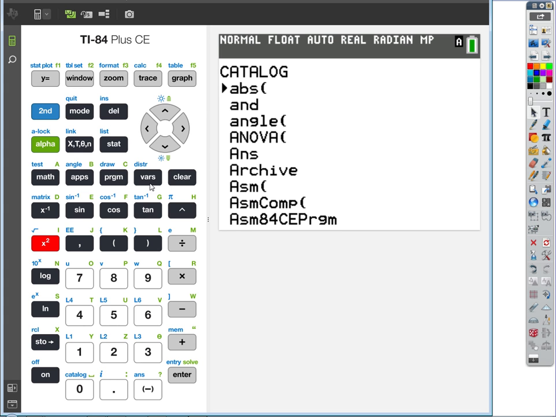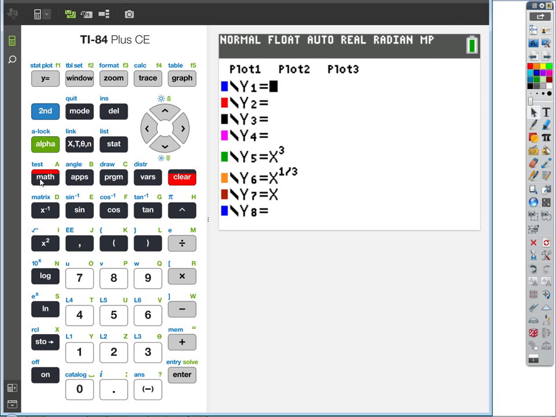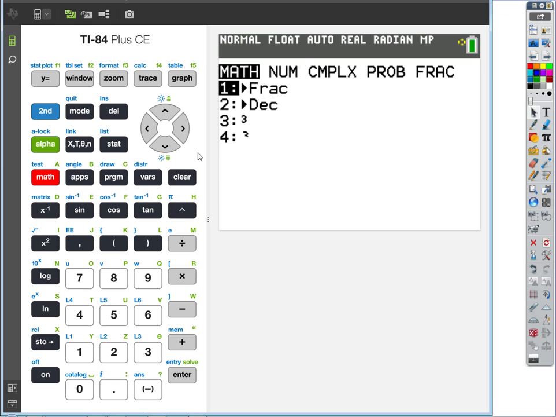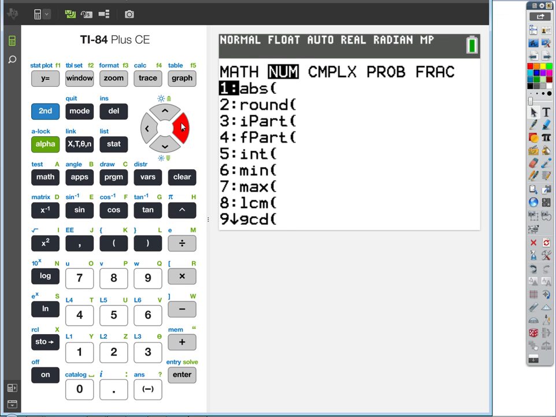Maybe you don't want that big a list. Then you can always go through the math screen. We'd go math. I think I just need to get out of catalog first. Okay, so if I go math, there we go. I believe this would be on the number menu. Yeah, it is. Make sense?